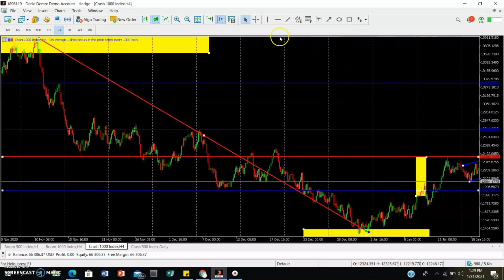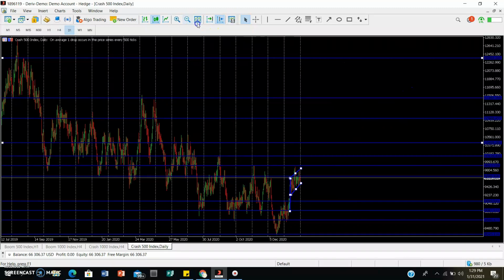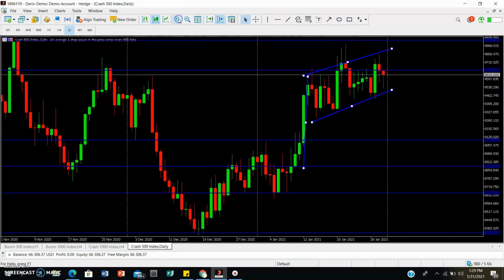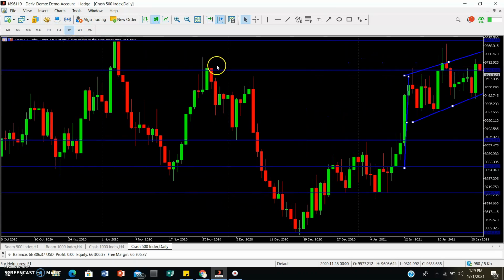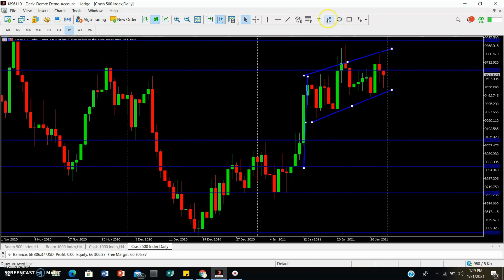Okay, so that's for Crash 1000, and then going back to the last, which is Crash 500. I identified a flag in Crash 500, which is most likely going to leave this crash as bullish.